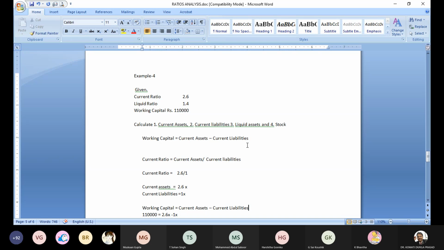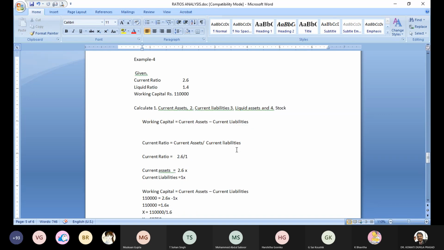So sometimes current assets may be more than 1 or maybe less than 1. Whatever may be, remember, current liabilities always 1 time. That will be measured. Here 2.6 means 2.6 is to 1. So you know current ratio is equal to current assets divided by current liabilities, therefore 2.6 is to 1, which means divided by 1.